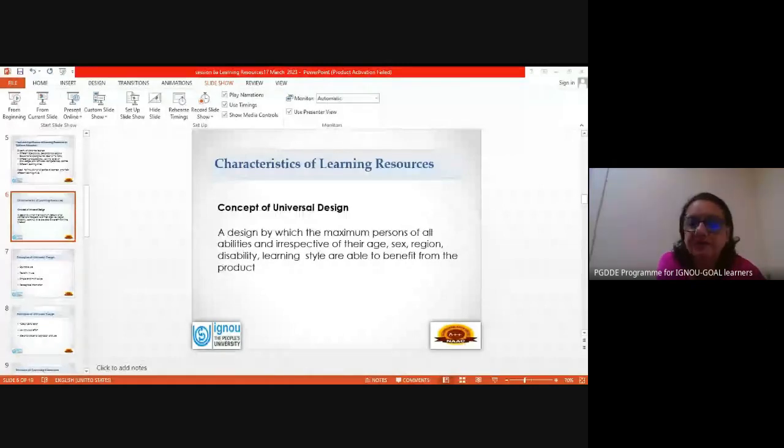This whole idea of universal design basically has come from the field of design.